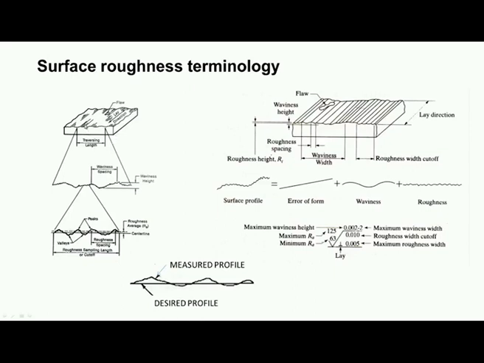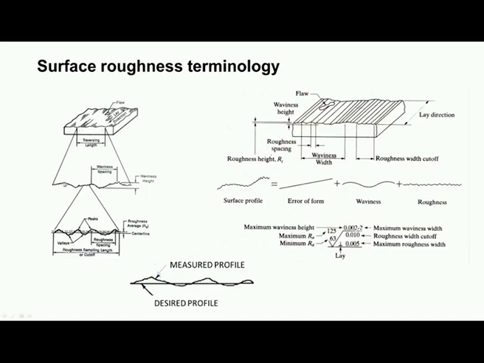When we measure the surface finish, we move the instrument. For example, with a stylus type instrument, we move the stylus or probe on the surface for a particular length, which is termed as traversing length. And in this traversing length, the profile is enlarged here.